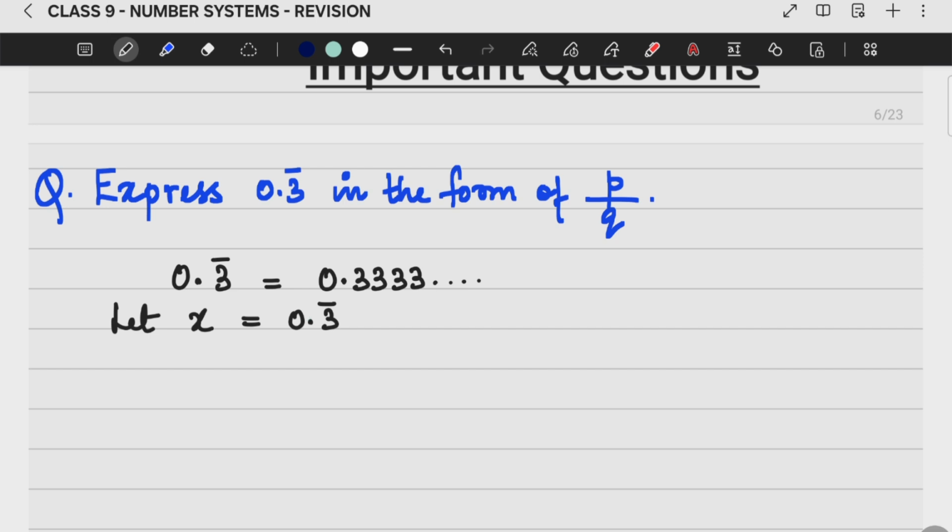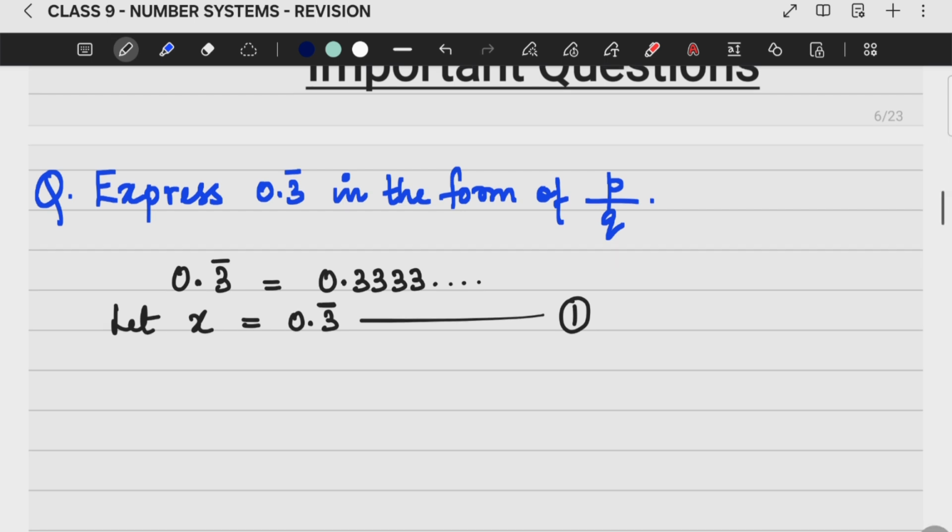Always remember the bar should always be immediately after the decimal point. If the bar is immediately after the decimal point, you can label it as equation 1. Now, the next thing you have to see is how many digits are there under the bar. Under this bar, you can see only one digit.